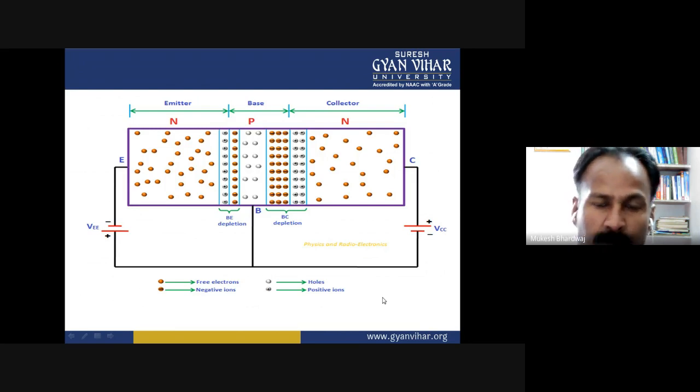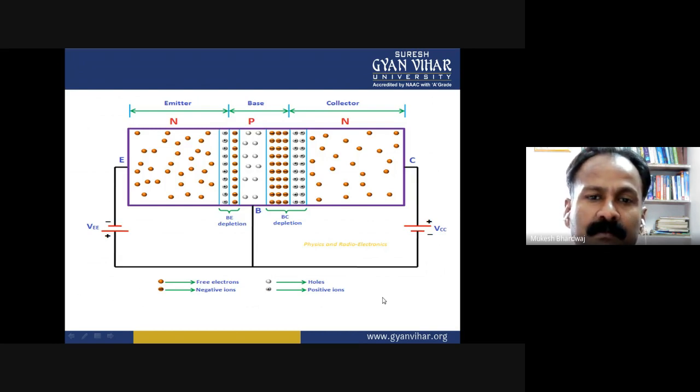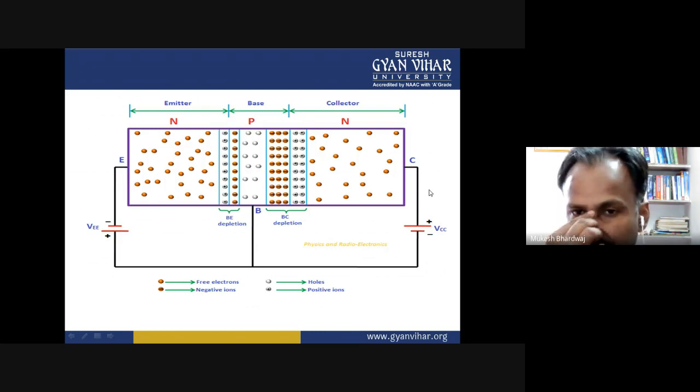So you find the difference between the depletion width between base emitter and base collector, and this is the internal reactions of the holes and the electrons which takes place during the forward biasing in the emitter base junction, and the collector base junction is reverse biasing. So basically this will give the output as an amplified output.